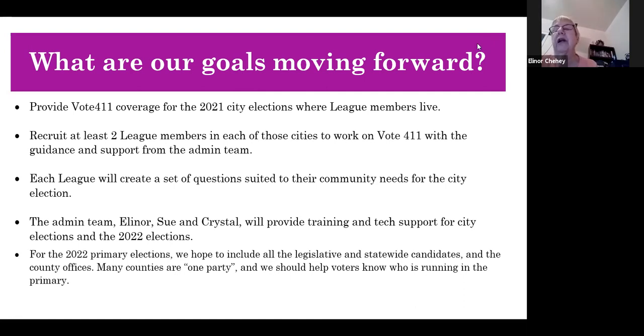In the Boise Valley, we probably have members living in 3 or 4 of the cities around here. And we'd like to recruit at least 2 league members in each of those cities to work on Vote 411 with us. And we would provide help.